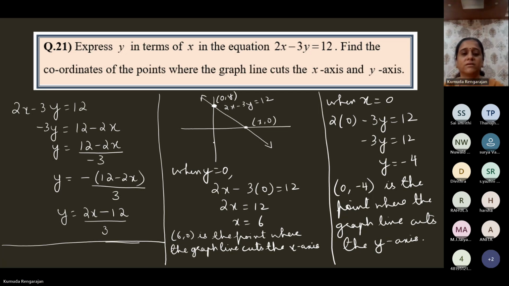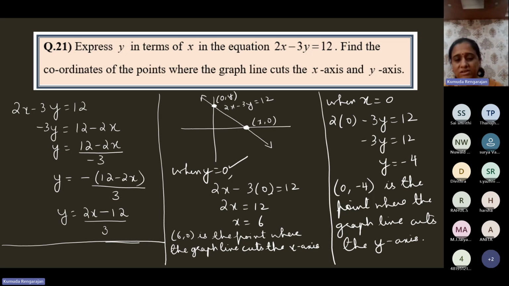Okay. So we know that when a line cuts the x-axis, say the line cuts the x-axis here, its address will be of the form x, 0. And when a line cuts the y-axis, its address will be of the form 0, y. We know this. So to find the address of this point, we take y as 0 and we find the corresponding value of x by substituting in the equation given.